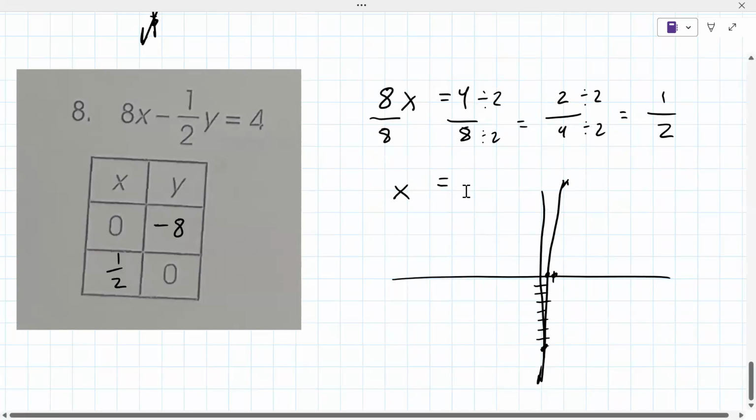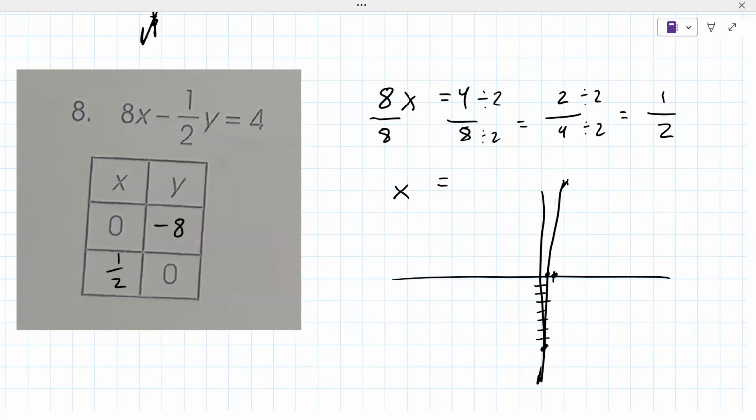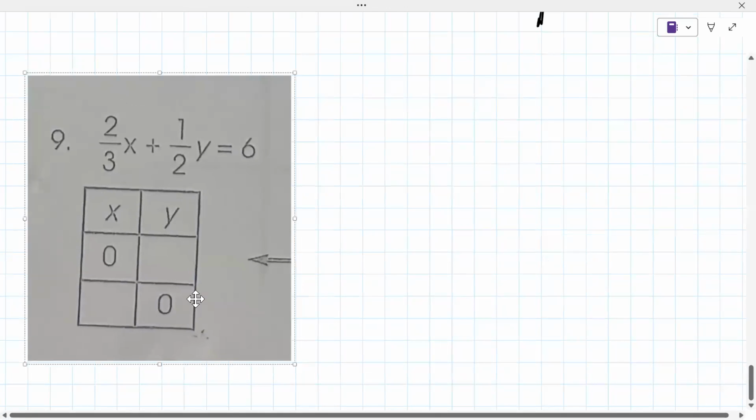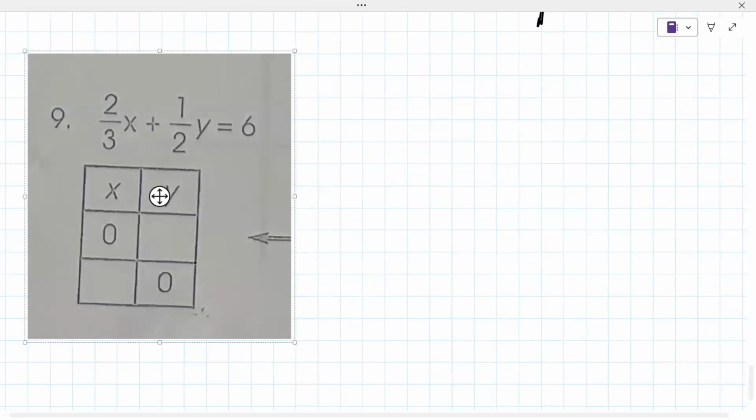They would call that steep there. Okay. Number 9. All right. So I want you to solve for y, and then we'll talk about how to do x together. But go ahead and see if you can tell me what y is, please.